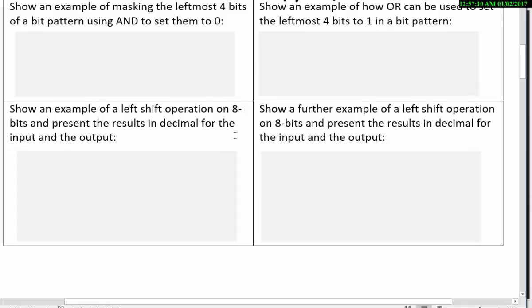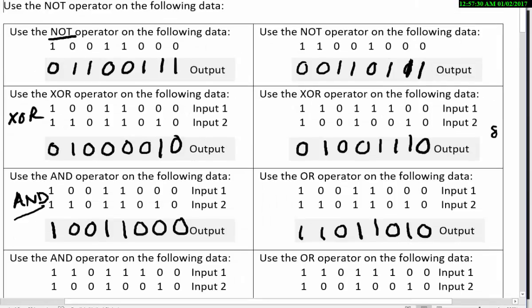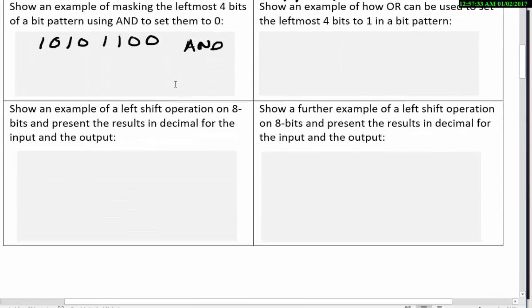Right, the next one is masking the leftmost 4 bits of a bit pattern using AND to set them to 0. So we'll have a bit pattern. To set them to 0 by using AND, if we put 0 underneath them, it will definitely get rid of them from the equation, leaving us with just this, because when you AND that with a 0, it's a 0.